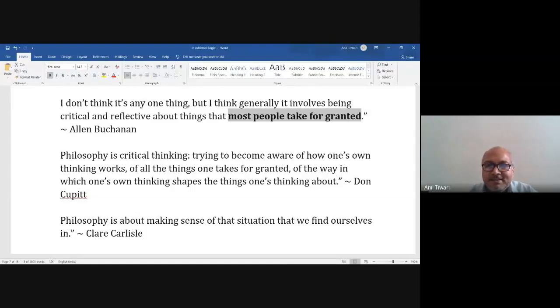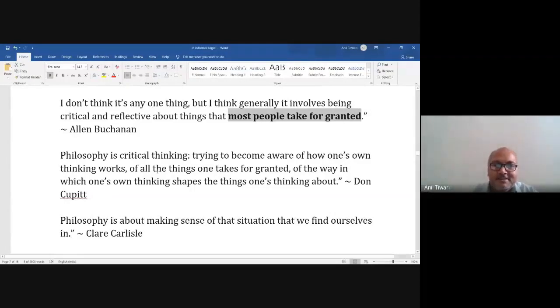And then there is a mention of subject matter also. This critical attitude is adopted towards our own thinking, our own thoughts, right? So it's not just thinking about something, it is thinking about the very nature of thinking itself, the very nature of thought itself, right?